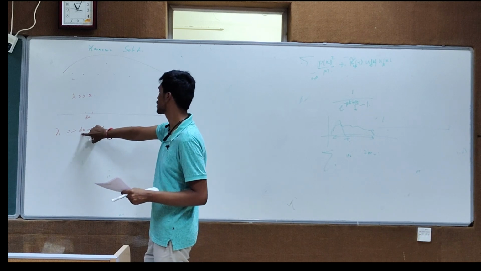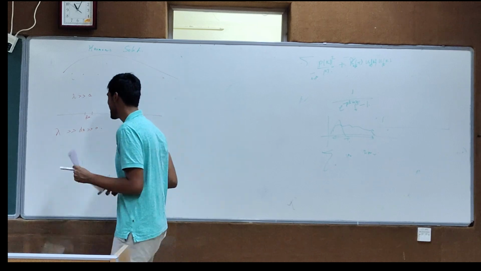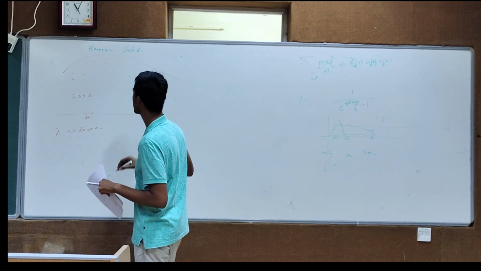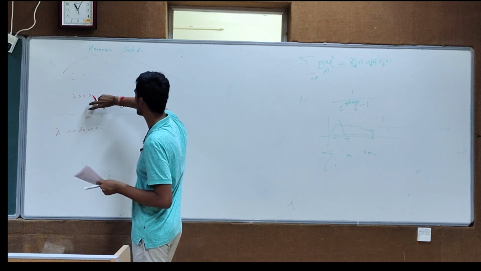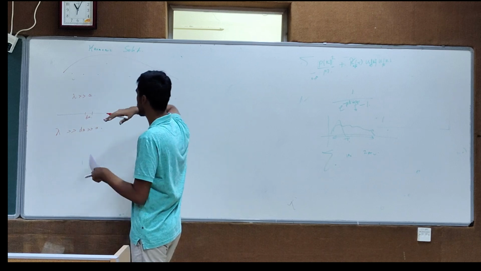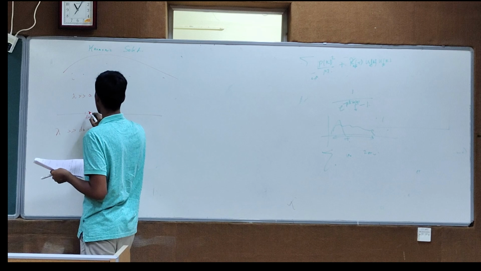So this is a macroscopic infinitesimal element. And what is coarse graining? It is basically averaging over all the small wavelength modes. We are neglecting those.